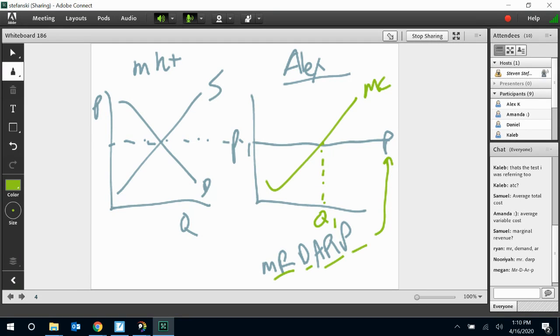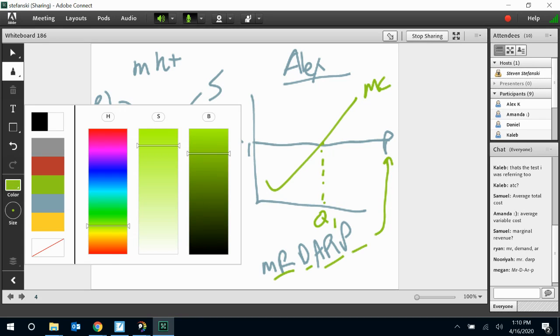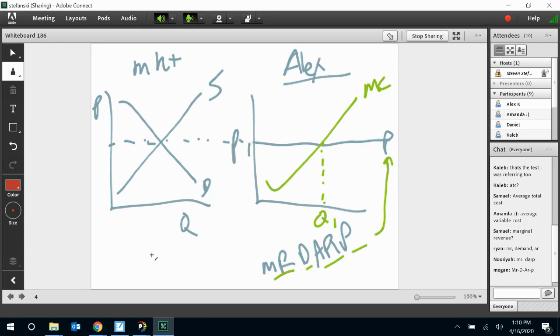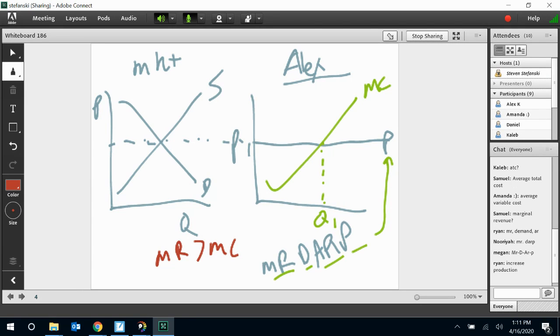Now, what happens if we're producing where marginal revenue is greater than marginal cost? What should this firm do? They should increase production, absolutely, because they must be somewhere over here, and they should increase production.